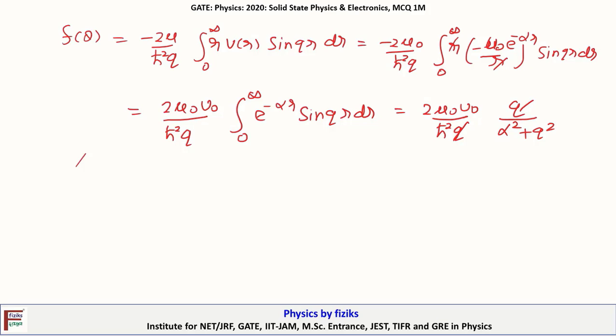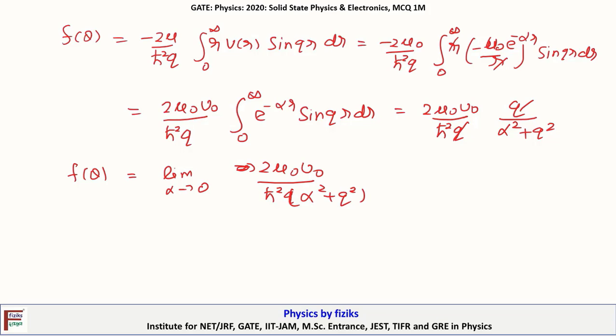So in the limit alpha tends to 0, f of theta is proportional to 2 mu U0 by h square q times q by (alpha square plus q square), which would reduce to 2 mu U0 divided by h square q square. So f of theta is proportional to 1 by q square.